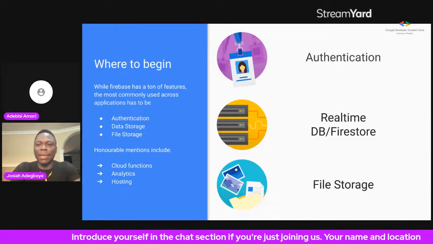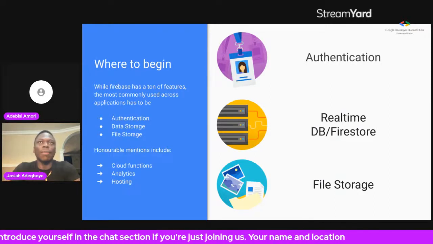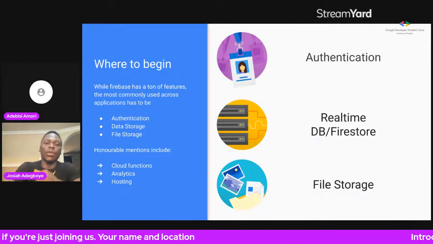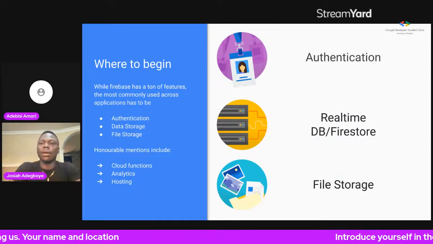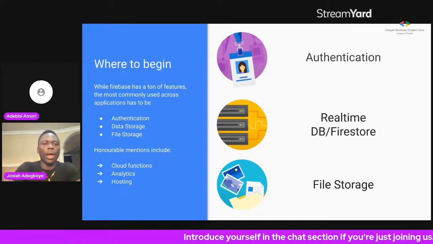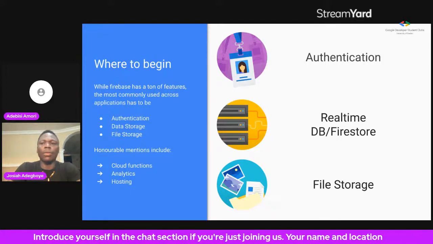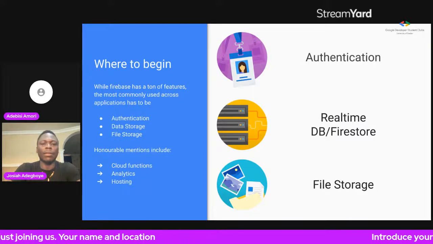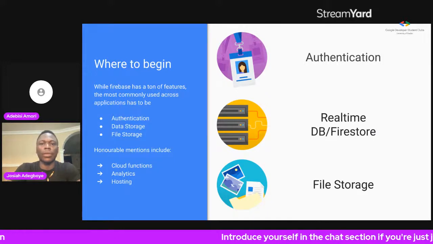I think Realtime DB is being deprecated, but because it's been around for a long time, people still use it. So it's going out of use, and Firestore is becoming the thing. Let's walk through an instance.